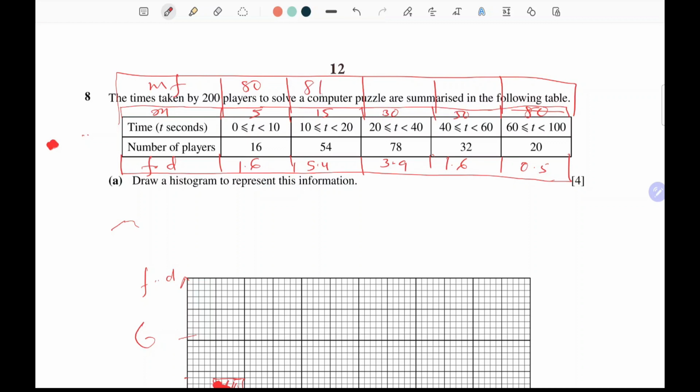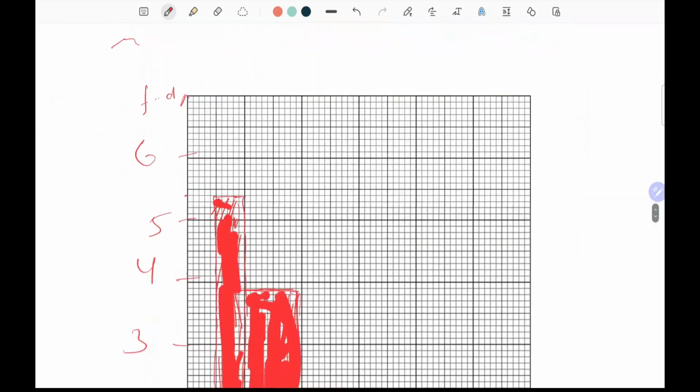This is 810. 30 times 78, that is 2340. Then 50 times 32, that is 1600. And 80 times 20, that is 1600 again. Okay, so MF we got.